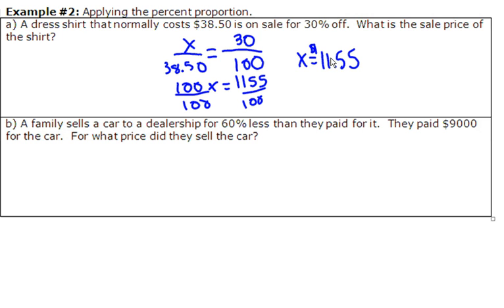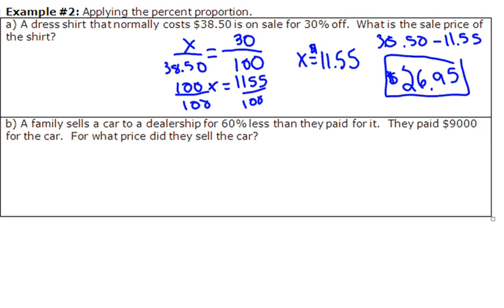So they're taking $11.55 off the cost of the shirt. The question's asking us what is the sale price of the shirt. So I'm going to have to take the original price of the shirt, the $38.50, and subtract the $11.55. So when I subtract them, I get $26.95. So that's the sale price of the shirt.